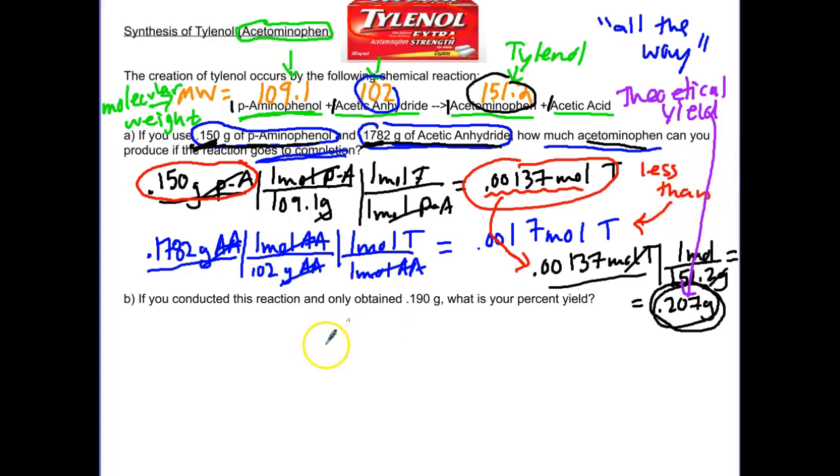Okay? Now part B says, if you conducted this reaction, let's say you did this in the lab, and you only obtain 0.190 grams, what is your percent yield? So, to calculate your percent yield, it's just like what we did with your test before.